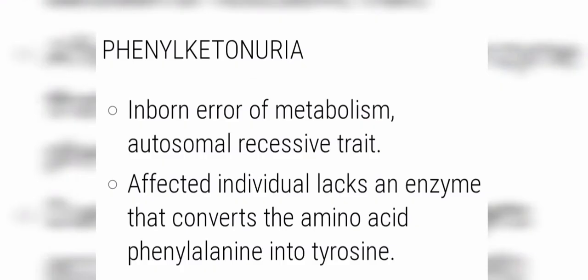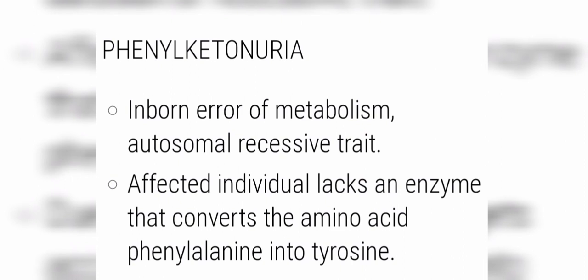So, dear children, phenylketonuria is an example of pleiotropy where a single gene can exhibit multiple phenotypic expressions, and such a gene is called a pleiotropic gene. This disorder is inborn, and it is caused due to an error in the metabolism of the amino acid phenylalanine, resulting in the accumulation of phenylalanine, and it is an autosomal recessive trait.